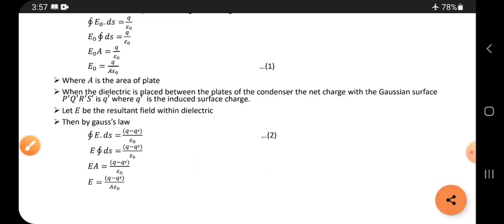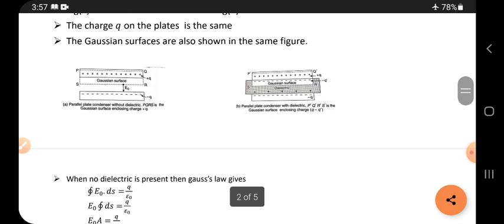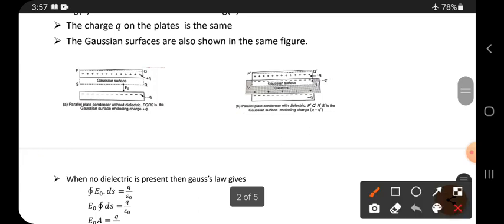And here P dash Q dash S dash R dash is the Gaussian surface.